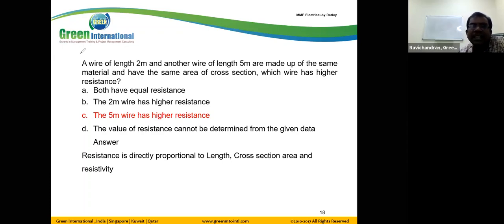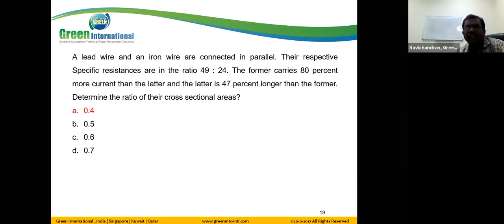Here, the wire with the greater length has the higher resistance. These two questions are simple questions. Coming to the next question, it may take 5 to 10 minutes to discuss. Some of the friends have already solved this question.